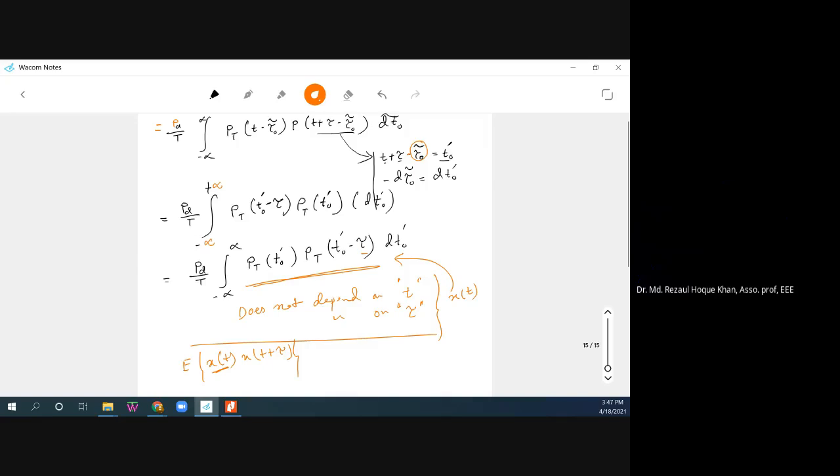So we can say it's WSS, wide sense stationary. If it's wide sense stationary, then the expected value of this one is equivalent to the autocorrelation of this function, R_x(tau). Now this expression satisfies.